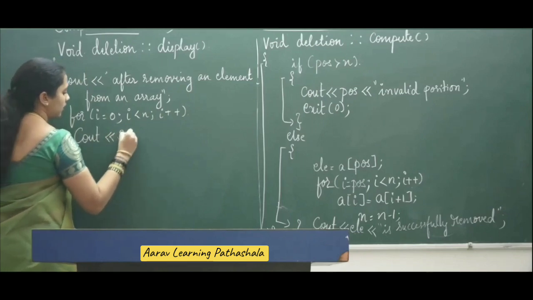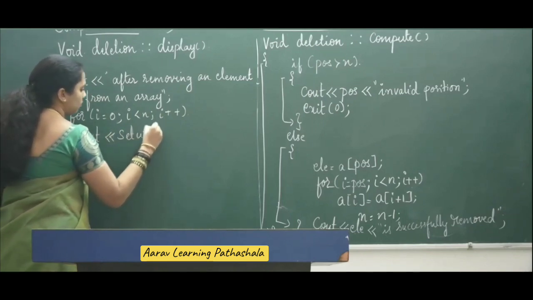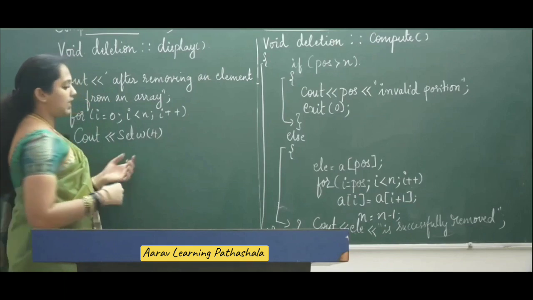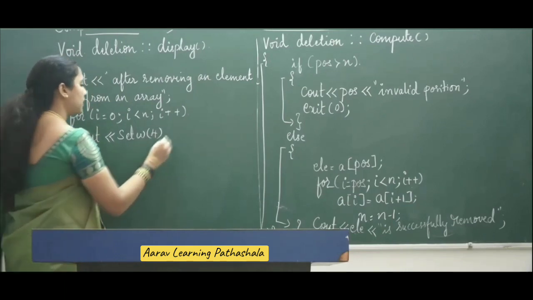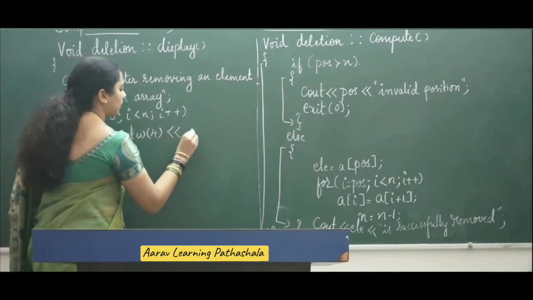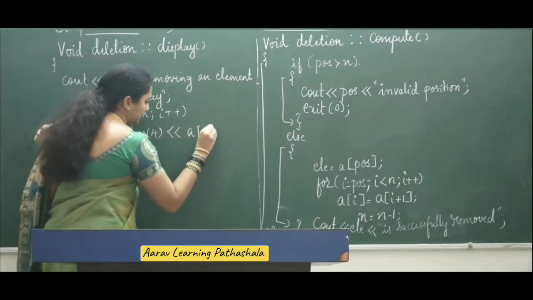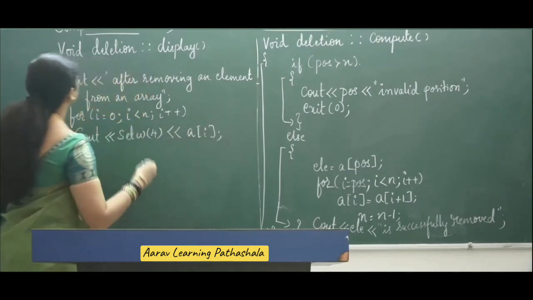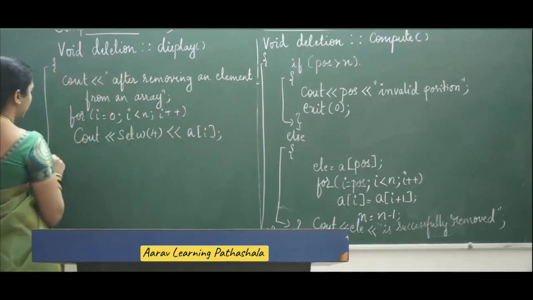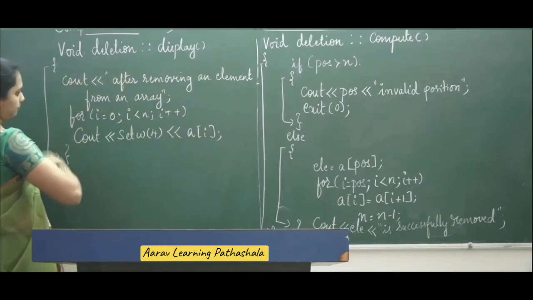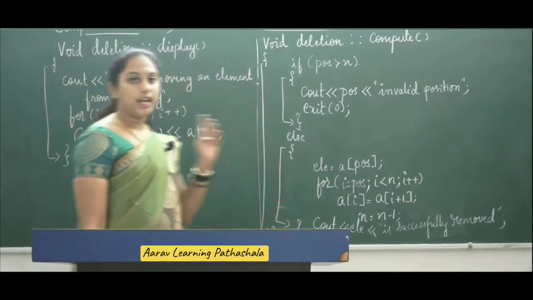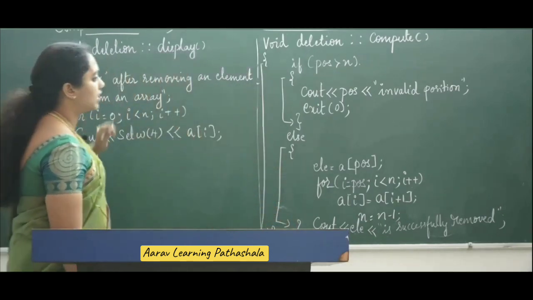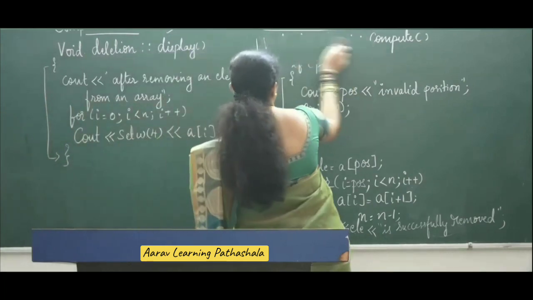Cout, setw function I am using to set the field width between the array elements A of I. So close this function. Next we have to create an object for the class deletion.